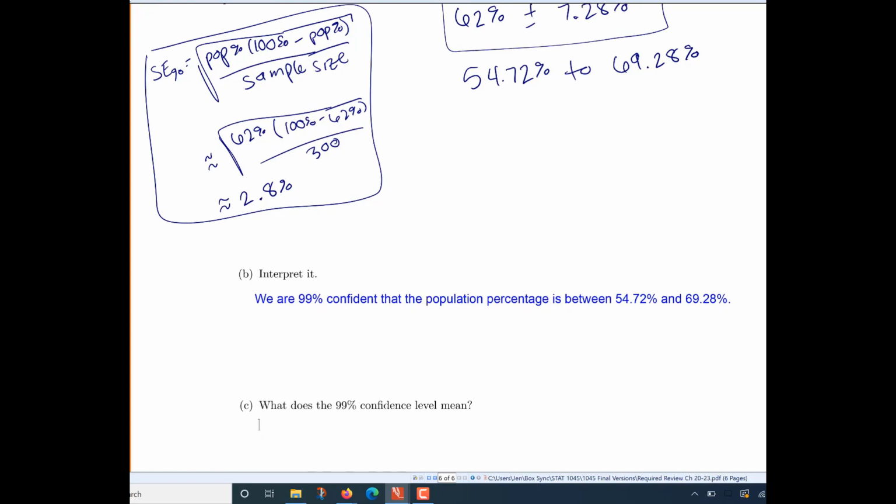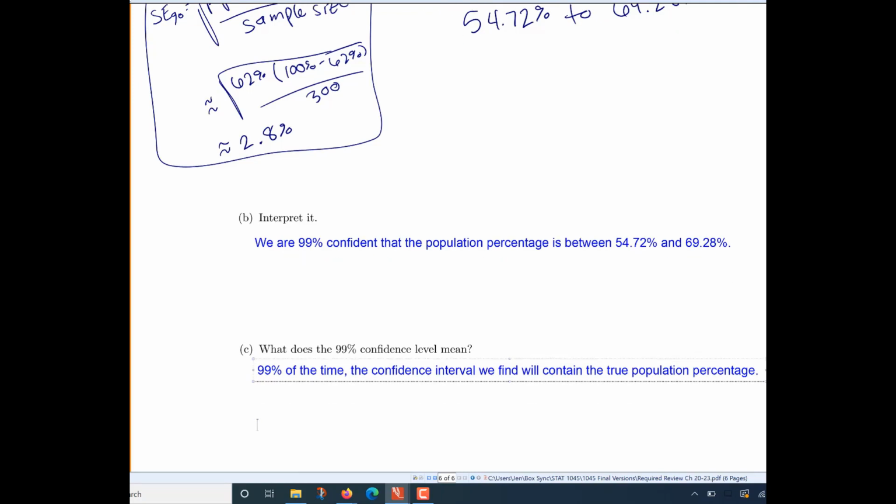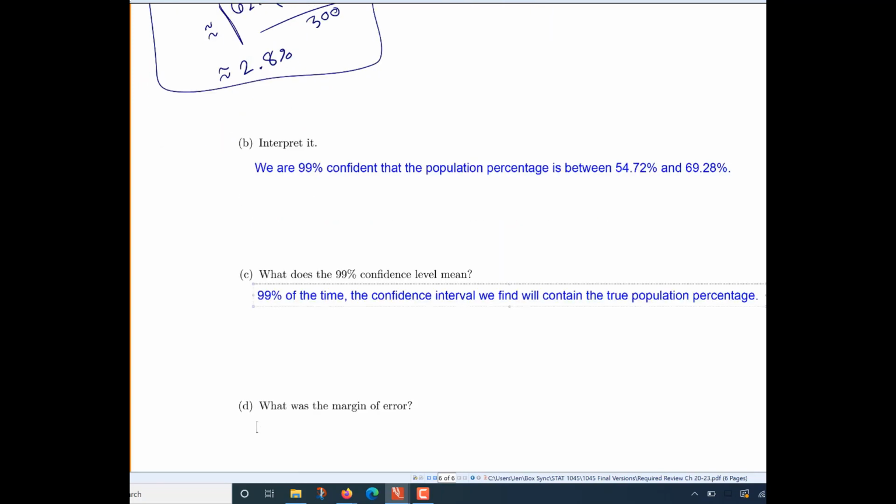And what does the 99% confidence level mean? It means of all the samples we could have chosen, each one gives us a different confidence interval, and 99% of those confidence intervals actually contain the population percentage. Or in a shorter sentence, 99% of the time, the confidence interval we find will contain the true population percentage, often also referred to in the more general term as the population parameter.